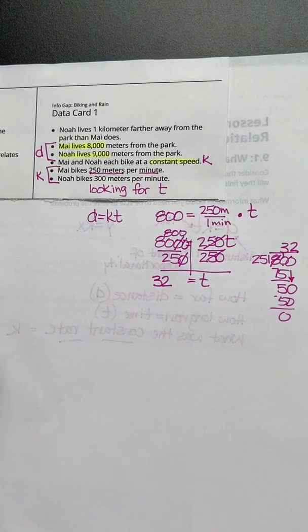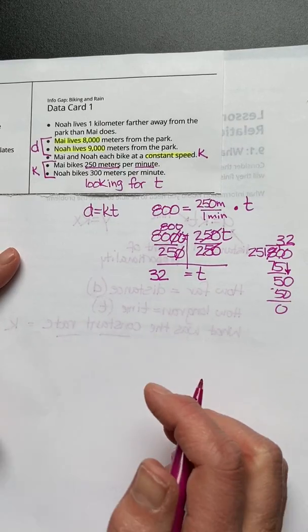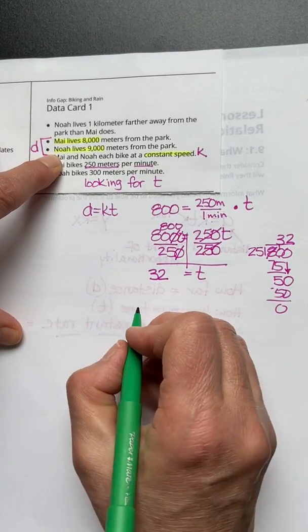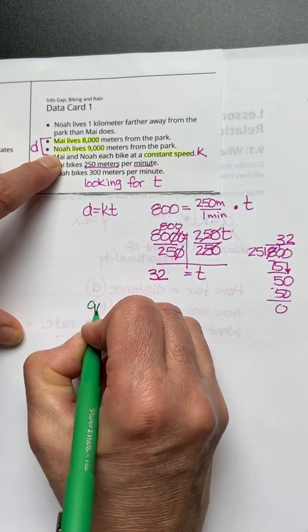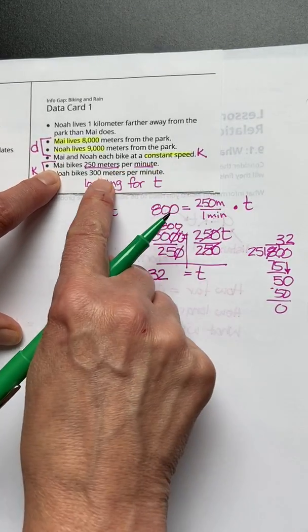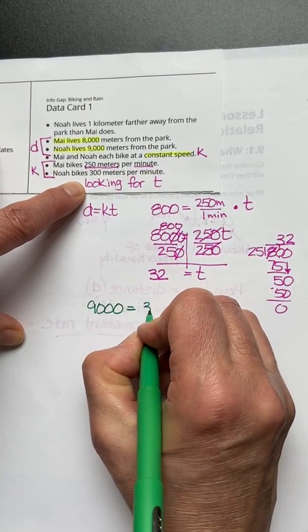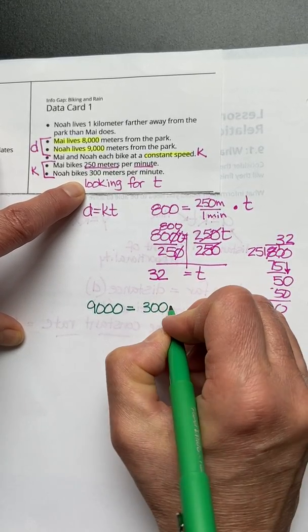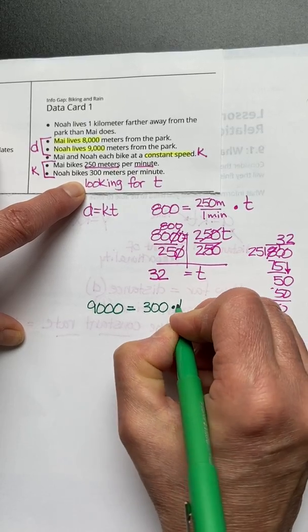Okay, that's May's. Noah, on the other hand, let's make an equation for him. What we know about him is he went 9,000. He went at a constant speed of 300 meters, so that's my 300 meters per minute times time.